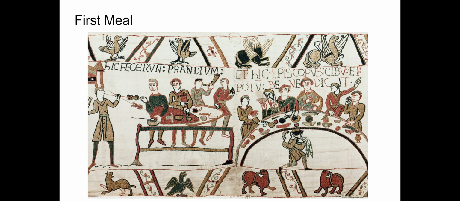And it also has Latin, just in case you can read and you want to read what's actually going on. So you could translate all that Latin and it would be telling you, hey, the soldiers are having their first meal. They're sitting together at a table, baking bread and roasting meat. And Bishop Odo is there blessing the meal. So that's really what's going on in the middle section, Latin and the visual story.